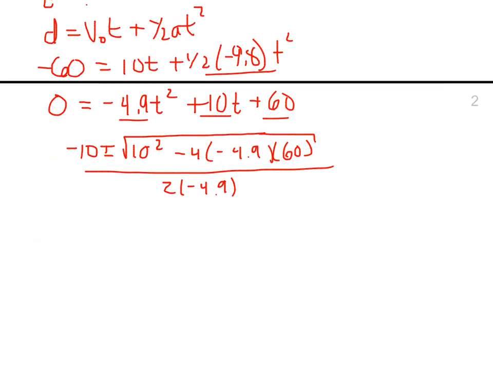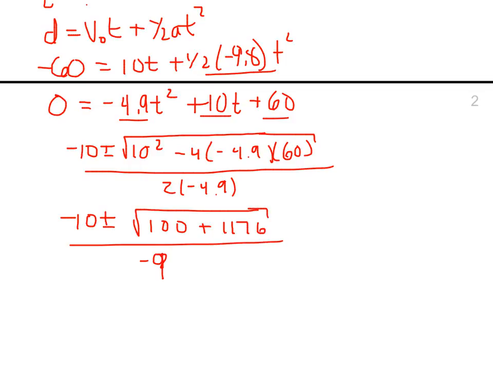So I have negative 10 plus or minus the square root of 100 plus 4 times 4.9 times 60, which is 1,176, all over 2A, which is negative 9.8. Add 100 to the inside, take the square root of it, and I get 35.7. So I have negative 10 plus or minus 35.7 all over negative 9.8.